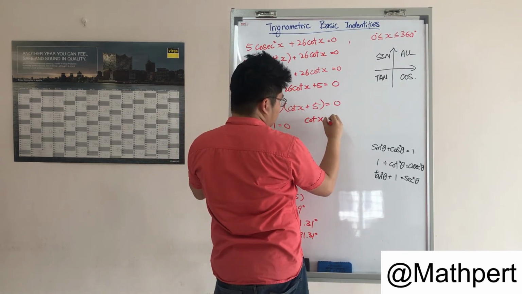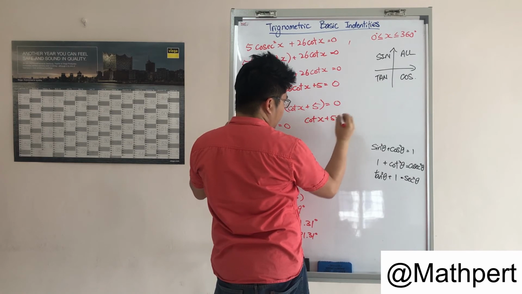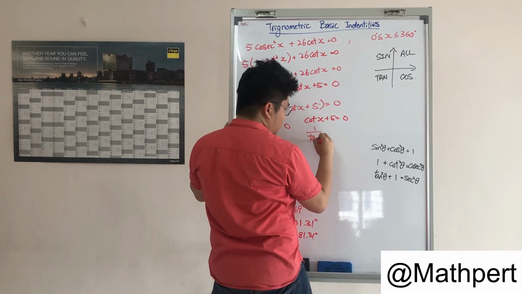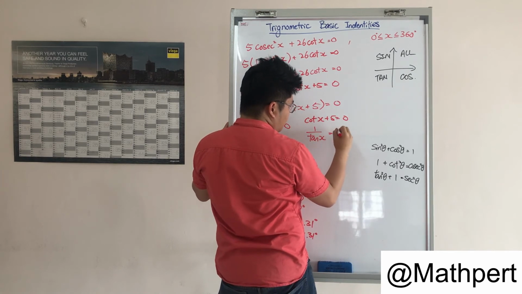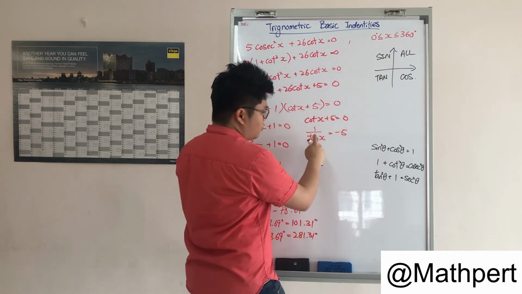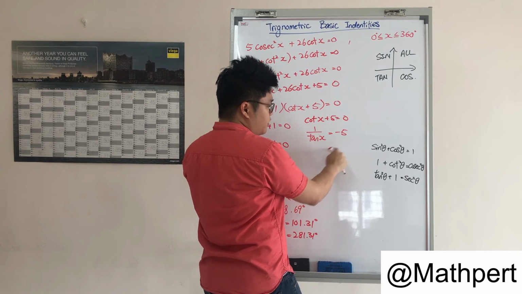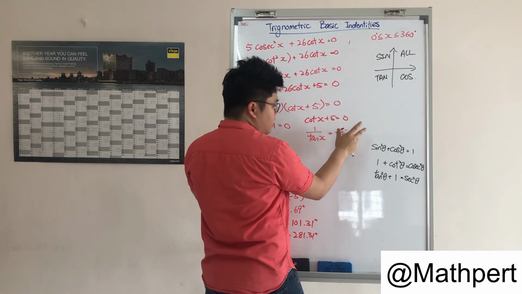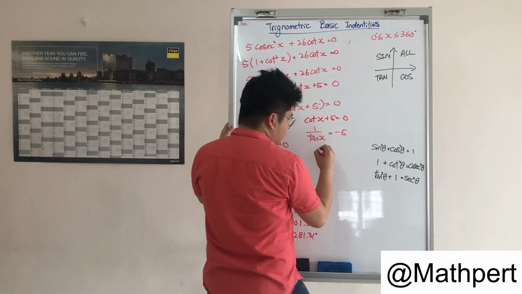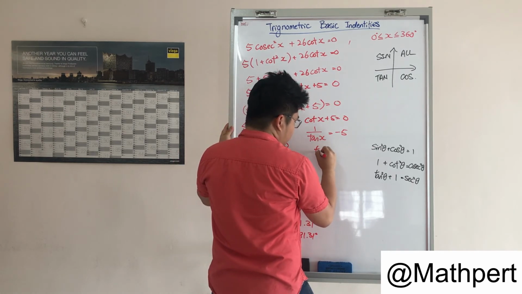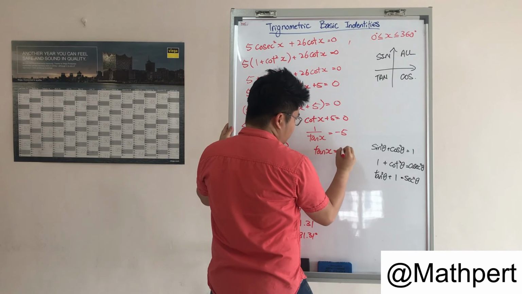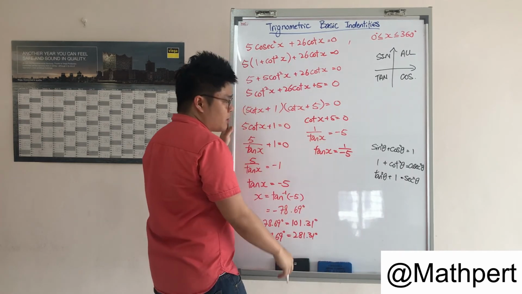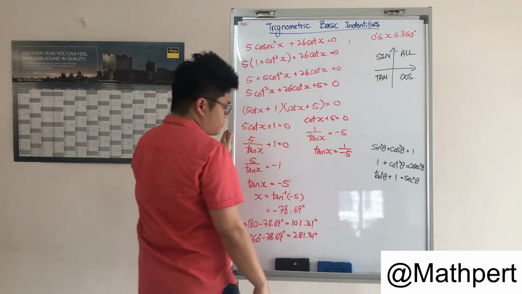Another part: cotangent x plus 5 equals 0. So cotangent x, which is 1 over tangent x, equals minus 5. Moving across, we get tangent x equals 1 over minus 5.